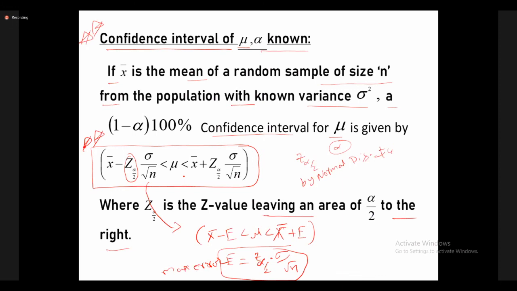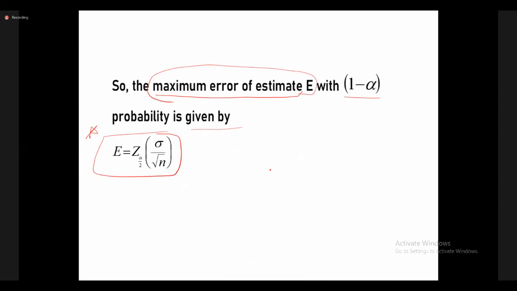So better to write down all the formulas. And the maximum error for large samples, capital E, is equal to z alpha by 2 into sigma by root n.